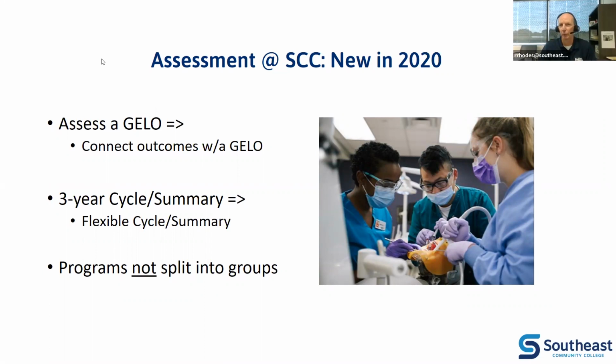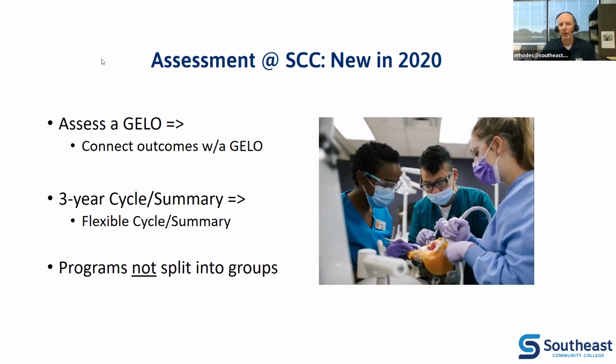Our Word docs were okay, but software allows us to do a lot more different things. So when you're doing your assessment plan, you won't necessarily have to identify, this is my JELO outcome. You can identify outcome by outcome which JELO they really connect with. So that's a little bit of a change.